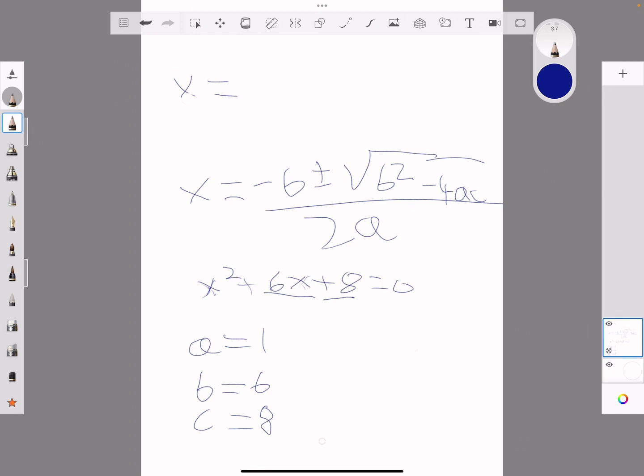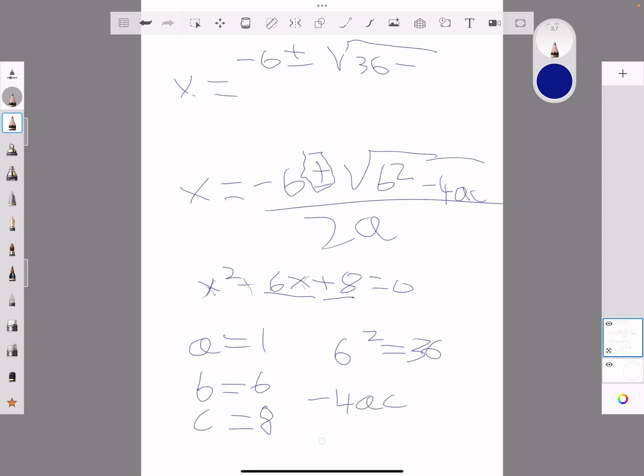So let's try and do it. So b is 6, right? This is negative b, so we would substitute 6, but then it would be negative 6. Just so you know, this symbol is just plus or minus, so you can choose either way at the end. And then the square root of b squared. b is 6, and 6 squared is 36. Minus 4ac.